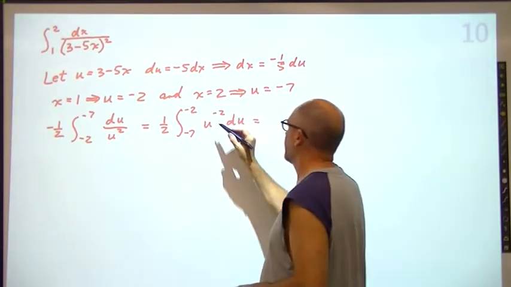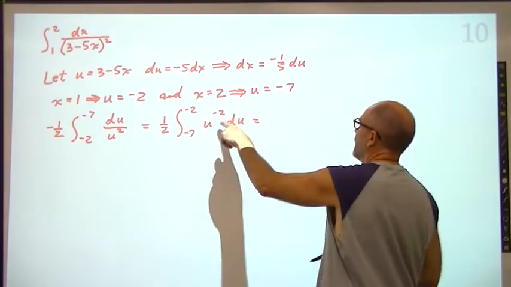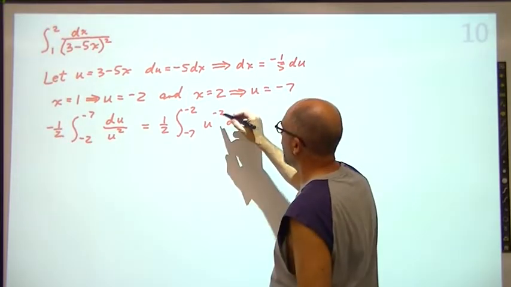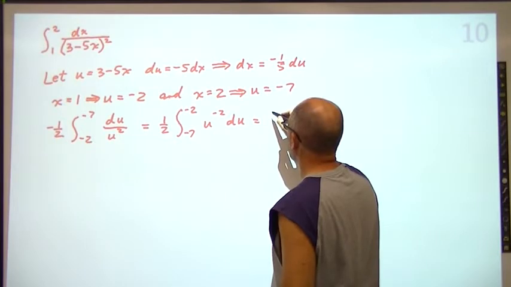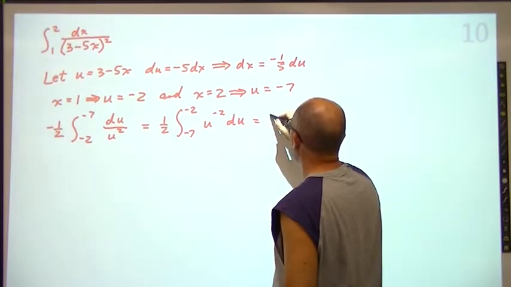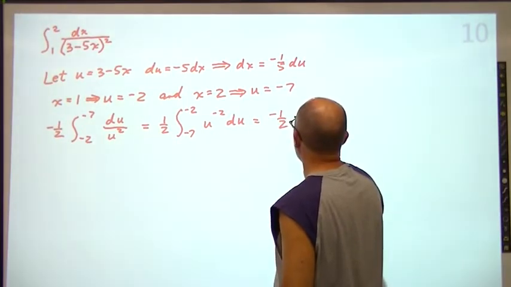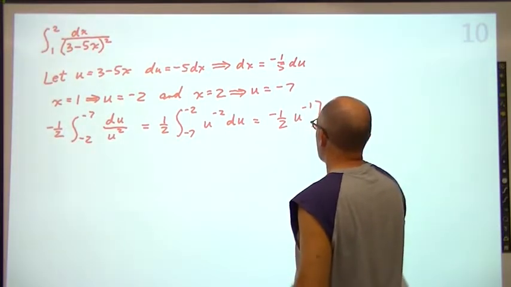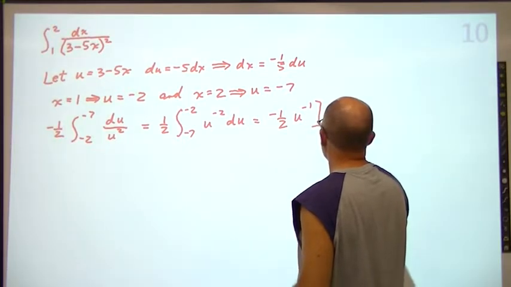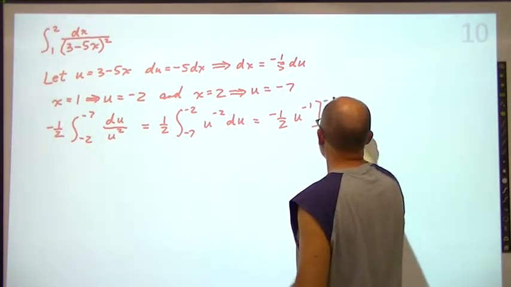All right, so raise the power by 1, and that makes u to the -1 over -1. So this becomes -1/5 u to the -1 from -7 to -2.